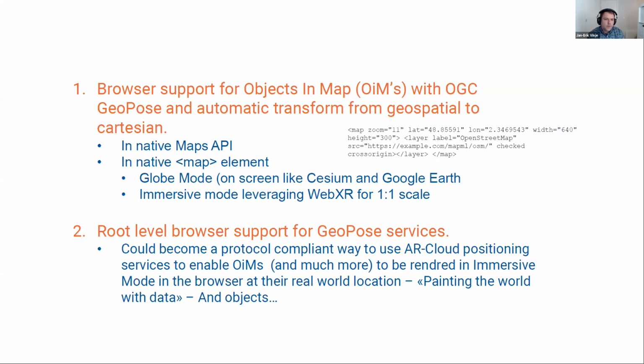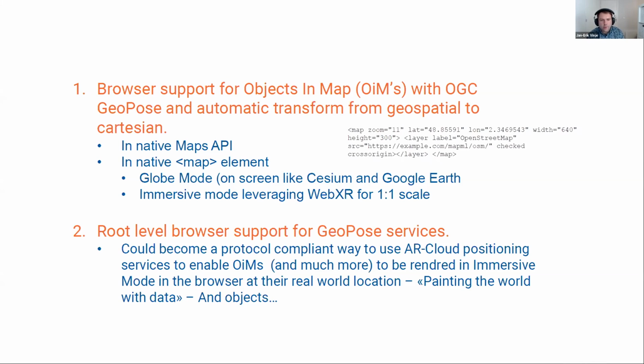But also, and maybe even more so, the immersive modes, where you can pull the map up to 1-to-1 scale and view it from virtual reality or augmented reality. And in particular, that's where the last point here comes in.